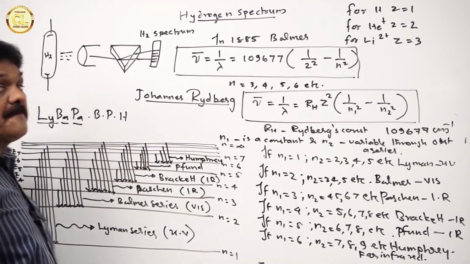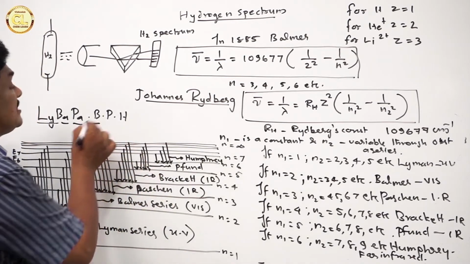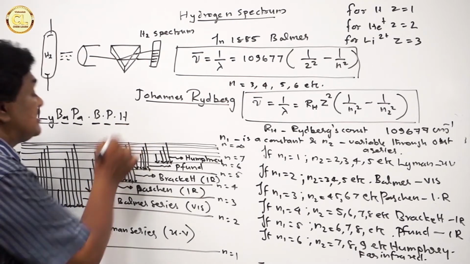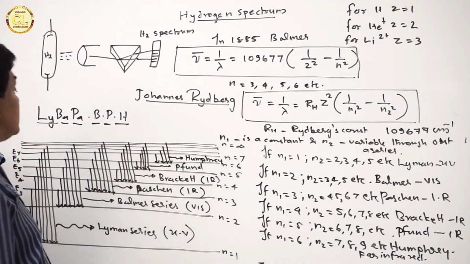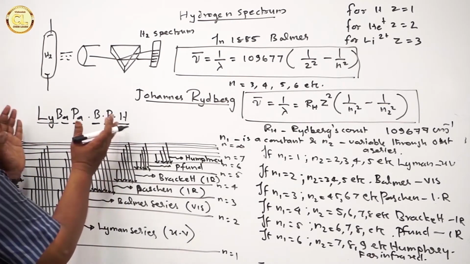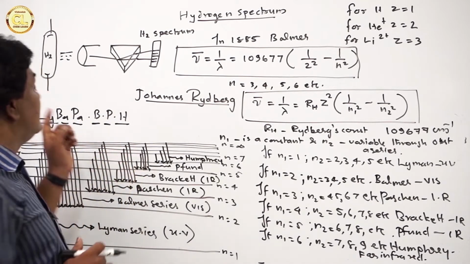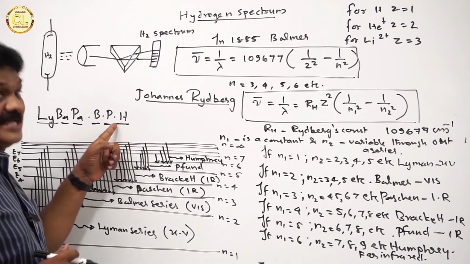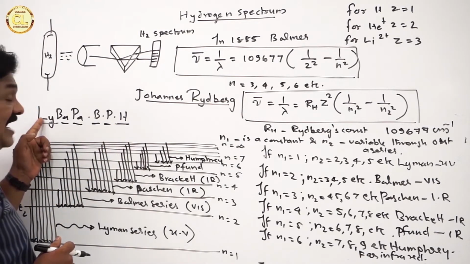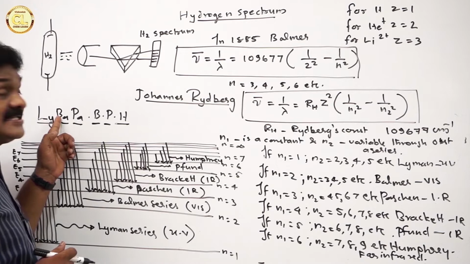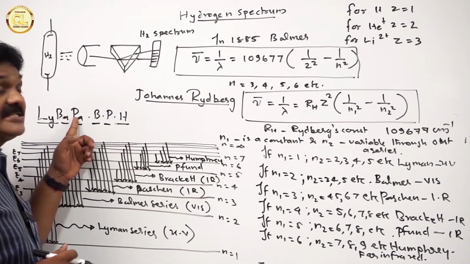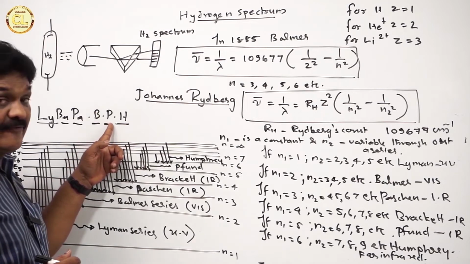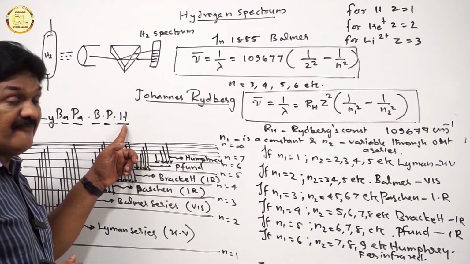Pa stands for Paschen series. B stands for Brackett series. P stands for Pfund and H stands for Humphreys series. So, let this be the name of a person, Lybapabph. B, P, H are the initials. Then we can say that Ly stands for Lyman, Ba stands for Balmer, Pa stands for Paschen, B stands for Brackett, P stands for Pfund, and H stands for Humphreys.